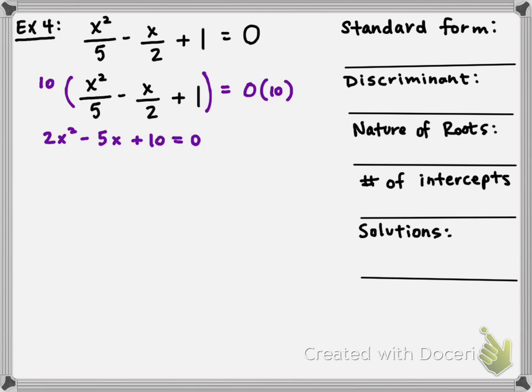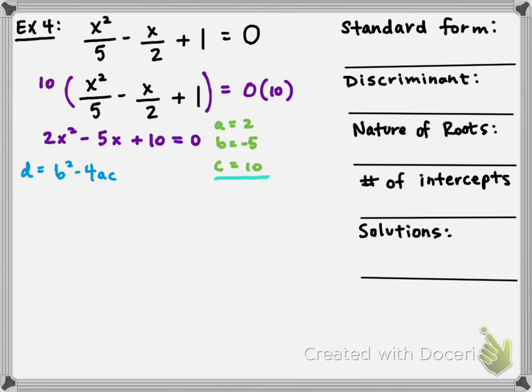From here, I'm going to find my discriminant. My discriminant's going to be found by d equals b squared minus 4ac. Again, before I find my discriminant, I'm going to identify what is a? 2. What is b? B is negative 5. And what is c? Positive 10.